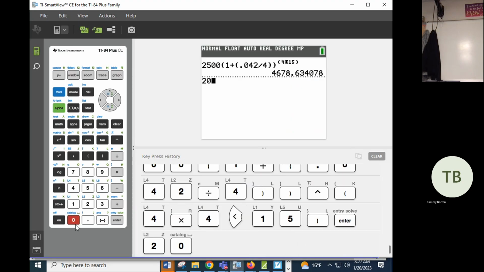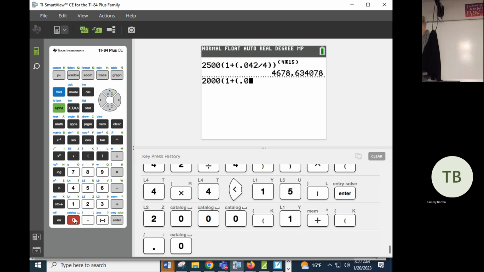Okay, so let's do that. We'd have 2,000. And then we would go parenthesis 1 plus, and we need that 0.04 over 26 in parentheses. Okay, and then I need a second parenthesis after that. Don't forget about that.